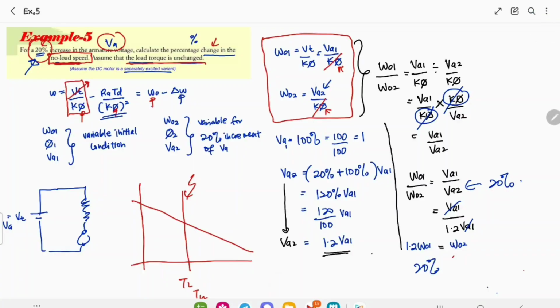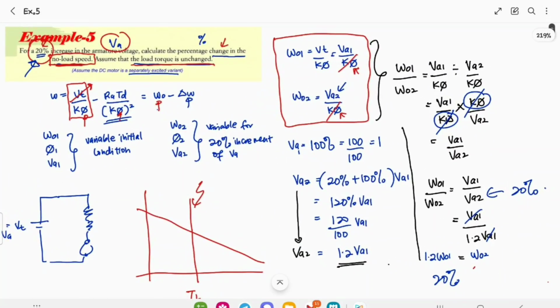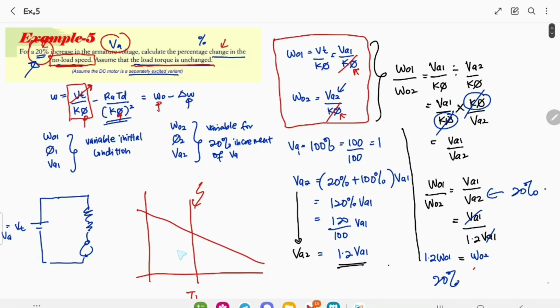By the way, before we proceed to example 6, take a look at this example. This example doesn't give you any parameter value for your motor. So you can see that even though you have no basic values, you can expect what changes would happen to your DC motor if you tackle the main parameter value.